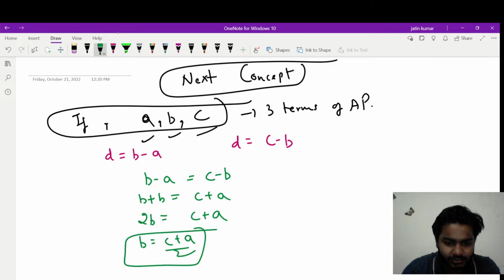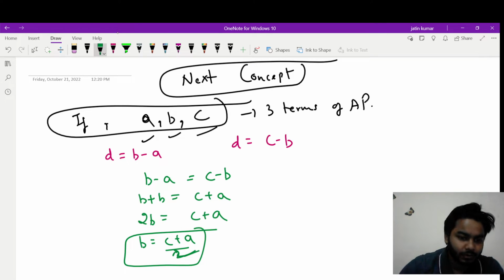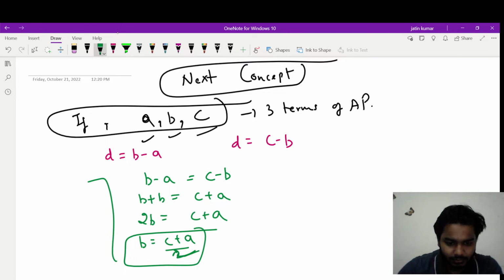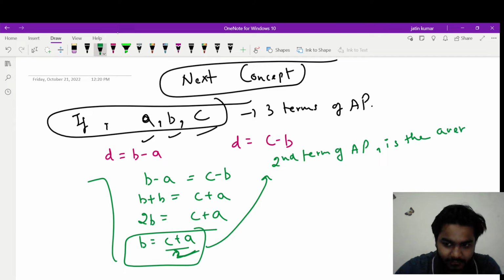This is the observation. So in short, the second term in AP is the average of the first and the third term of that AP. The second term is B, and the average means sum of terms upon the total number of terms.